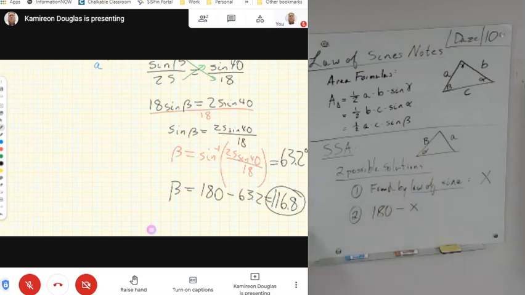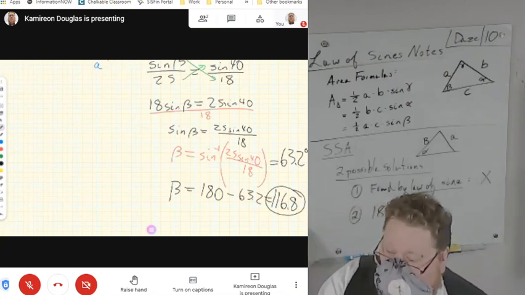So the law of sine, when specifically dealing with the SSAs, you have to look at your problem and see, because remember, the two angles and a side, those ones worked every time. When you have an SSA situation, there's a possibility that you have to be finding a second version instead. And again, it's a possibility. You'll notice that some problems might say, hey, there might be more than one solution.